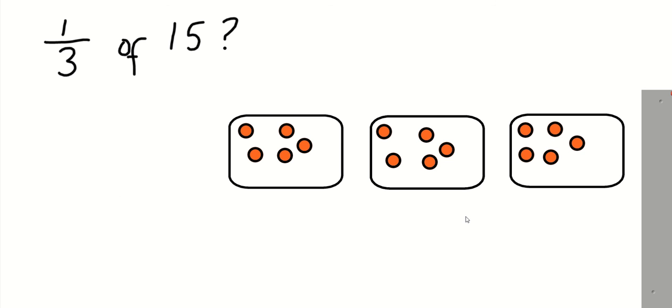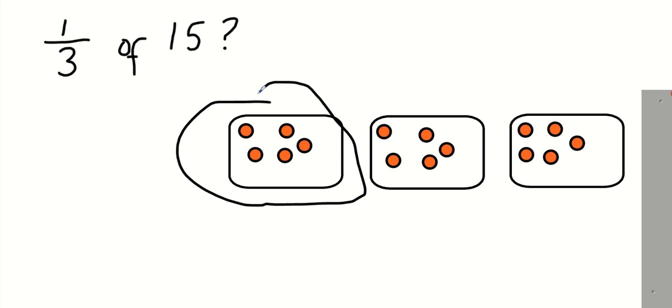So when you're trying to find 1/3 of 15, all you need to do is divide 15 by 3, and that will tell you what is in one of the equal groups. So 1/3 of 15 is 5. If you want to, you could draw out a diagram like this and practise this yourself.